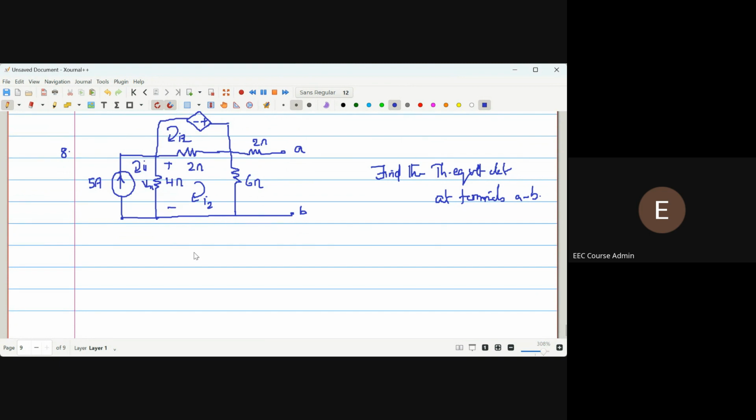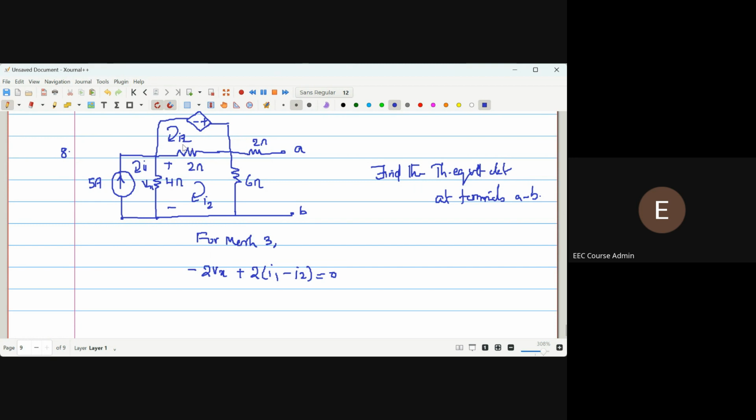So for the mesh 1, these are the equations. It would be minus 2Vx plus 2 into I1 minus I2 equal to 0 in this mesh.